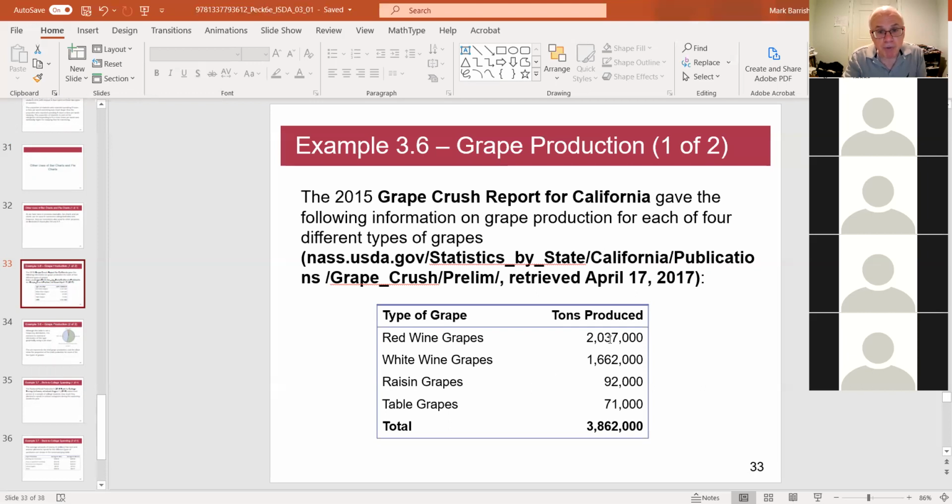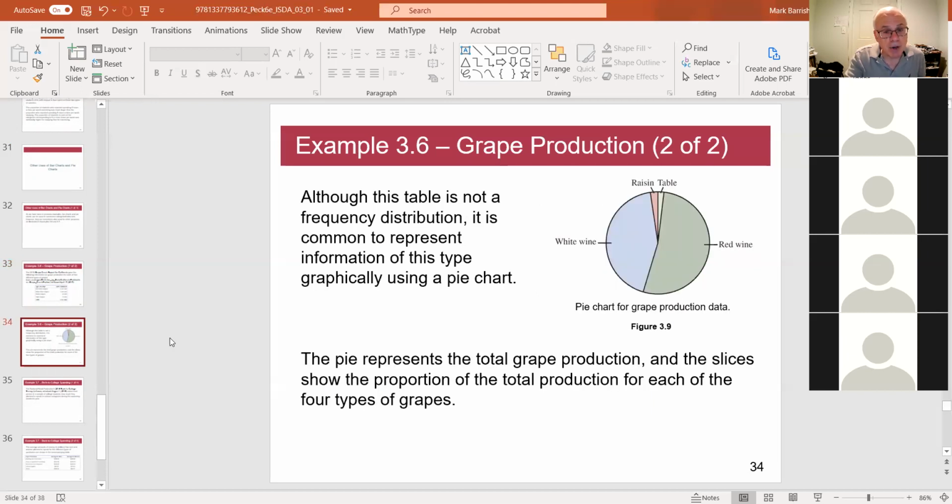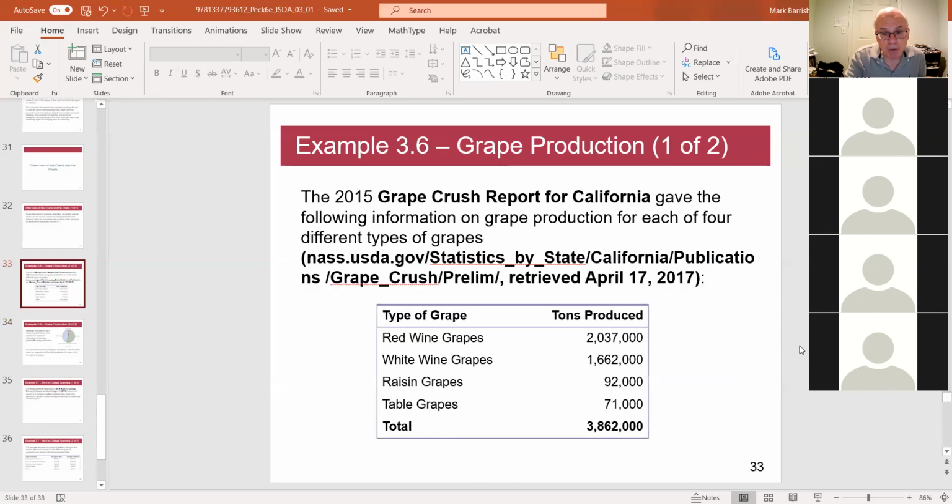Here's the tons of grapes that were produced in California in 2015 for each of these types of grapes. Total production in California for these 4 types of grapes. And you can display this as a pie chart. This is still considered categorical because you're going to get your relative frequencies by dividing the production for each type of grape by total production.